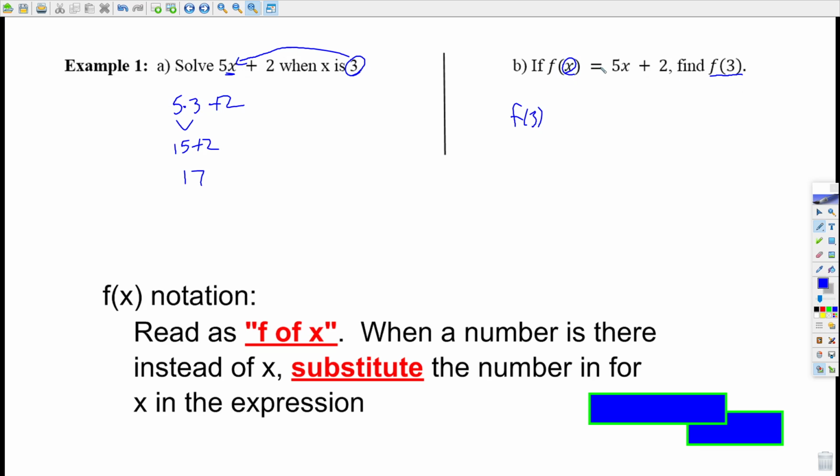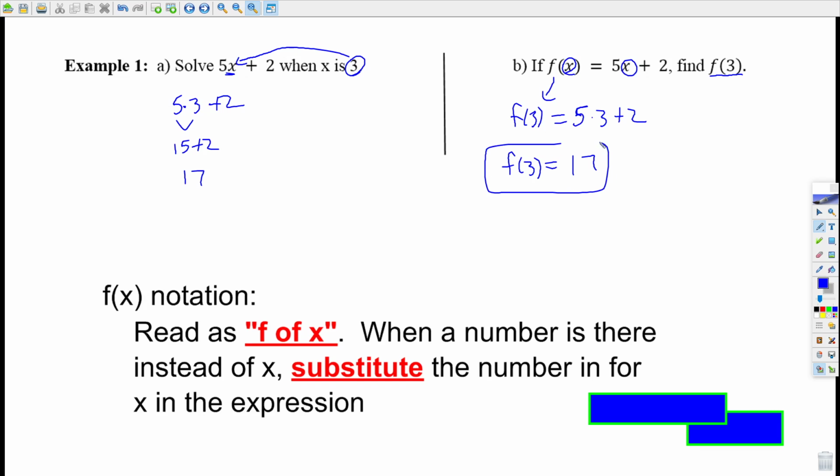And also, you replace any other x you see over here with the 3 as well. So on the left-hand side, we copy that down, f of 3, and we replace this with 3 as well. So it's 5 times 3 plus 2. But now we actually have an equation going. We keep the f of 3 on the left-hand side. On the right-hand side, we evaluate. This is where we get our 15 plus 2. Or as we know from the other example, it's 17.